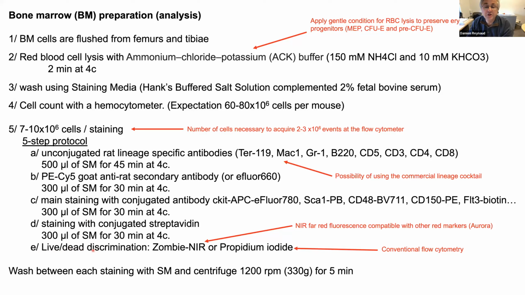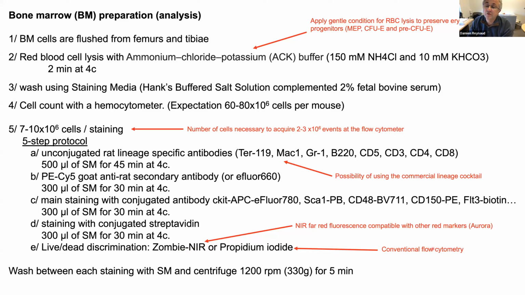For the live and death discrimination, we tried different possibilities. We now focus on the Zombie NIR, which has a far red fluorescence, compatible with all other markers on the red laser, with all other fluorochromes, but only on the Aurora. I would not advise using the Zombie NIR in a classical flow cytometer.